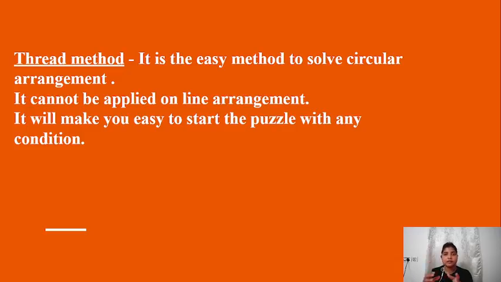But with the thread method you can start from anywhere. You can use the finger rule very easily, solve it in very little time, and it will not make you draw many possibilities. The thread method is very good for solving circular arrangements.